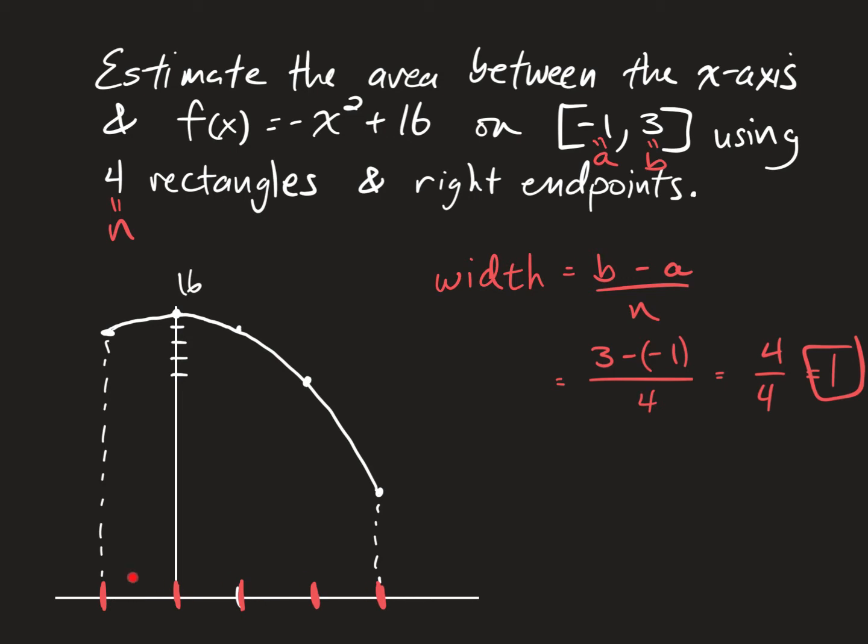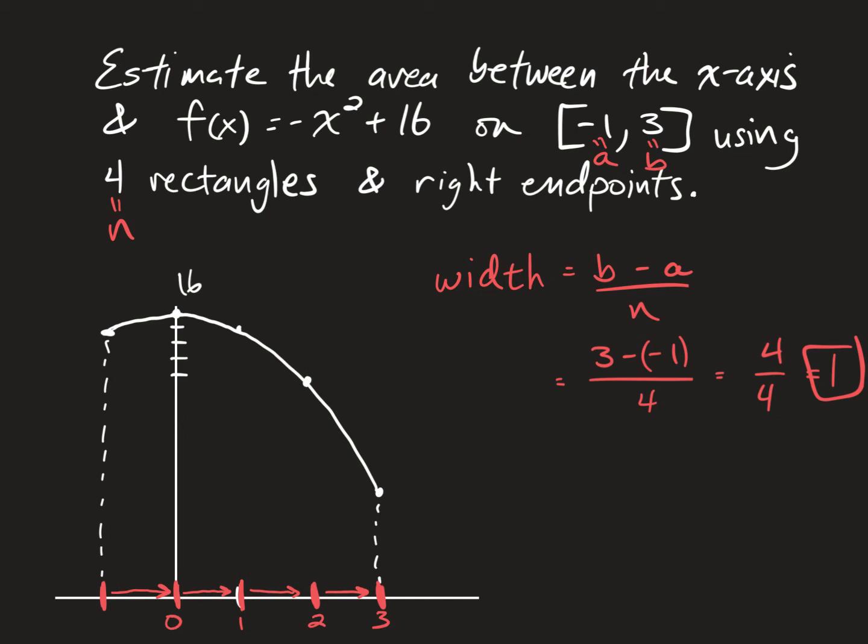Since we're starting with the right endpoints, on this rectangle here, the right endpoint would be 0. For the second rectangle, the right endpoint would be 1. For the third rectangle, the right endpoint would be 2. And the last rectangle, the right endpoint would be 3.